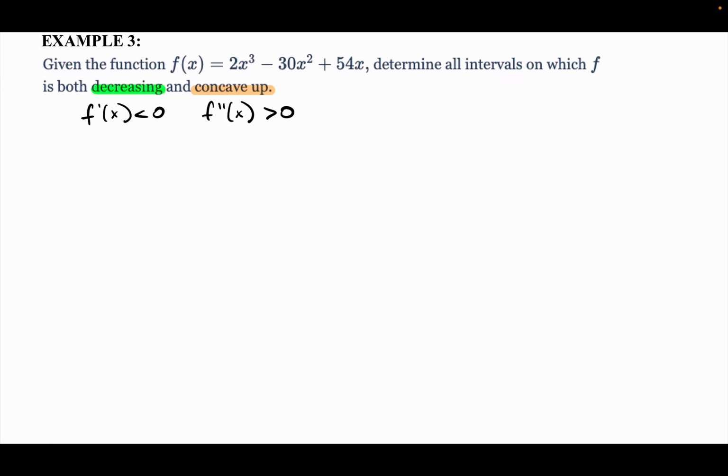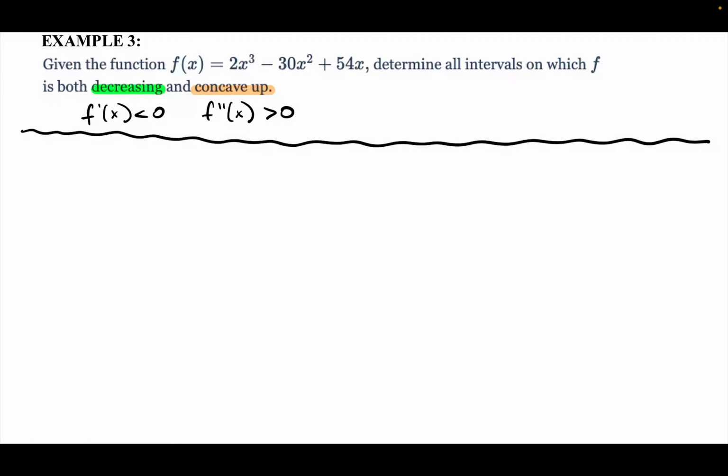So to do that, we're going to have to do both the first derivative test and the second derivative test. So a combination of what we did last week with what we're doing today. Okay, so first derivative test. 6x squared minus 60x plus 54.